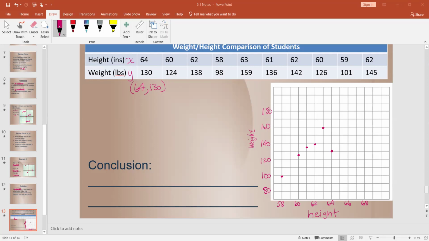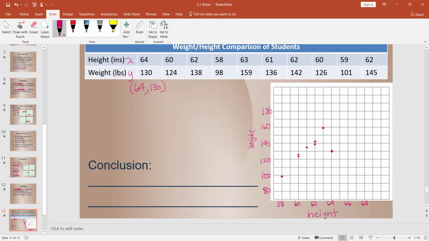So that one's going to be a little above the 140. At 60 and 126. So this one, what was the other one at 60? 124. I'll put that too close. Put that one a little bit below the middle mark and the 126 a little above the middle mark. But they're very close. And that was 60.